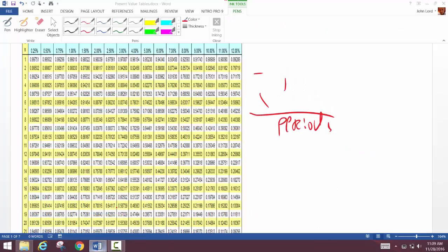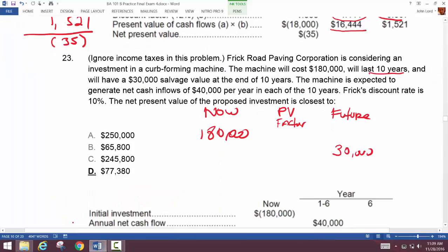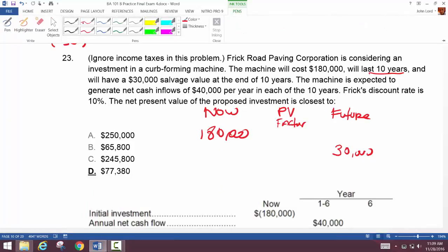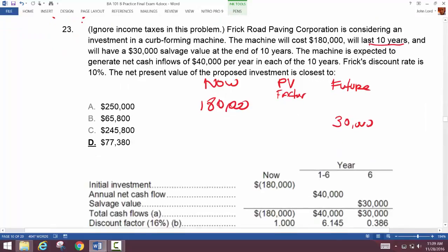So when I come over to the tables, present value of $1, 10% is here, and 10 years is 0.38554. What factor did they use, just so that we get the same answer? They use 0.386. Close enough.